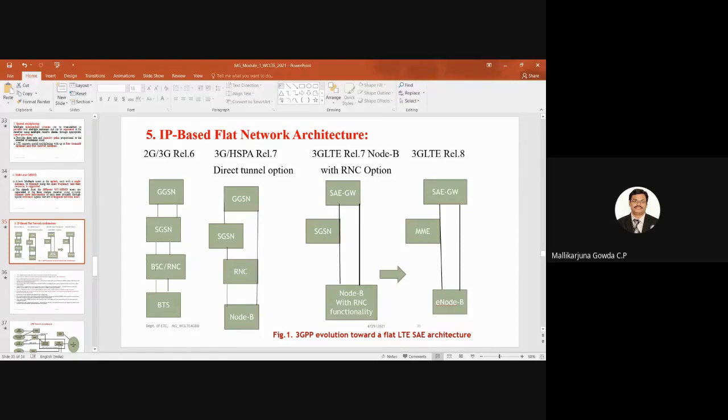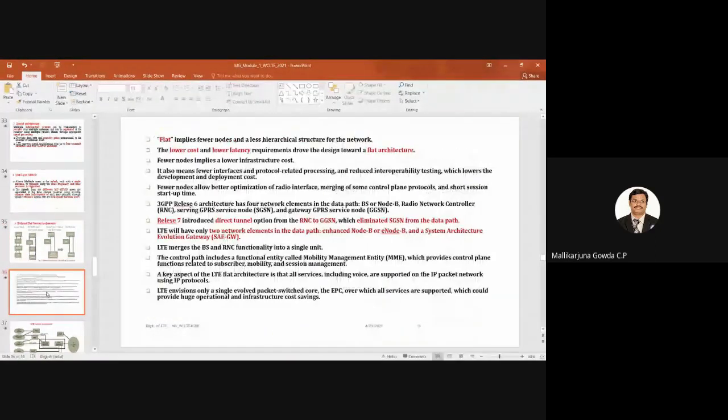Then maybe 10 BSCs will be handled by one MSC, that is a mobile switching center. So that is what, here there is a network hierarchy. Okay, but here it is not like that, right? All these functionalities will be brought down to the lower network element. With that, the number of network elements has been reduced. Okay, so that is why the name is flat.